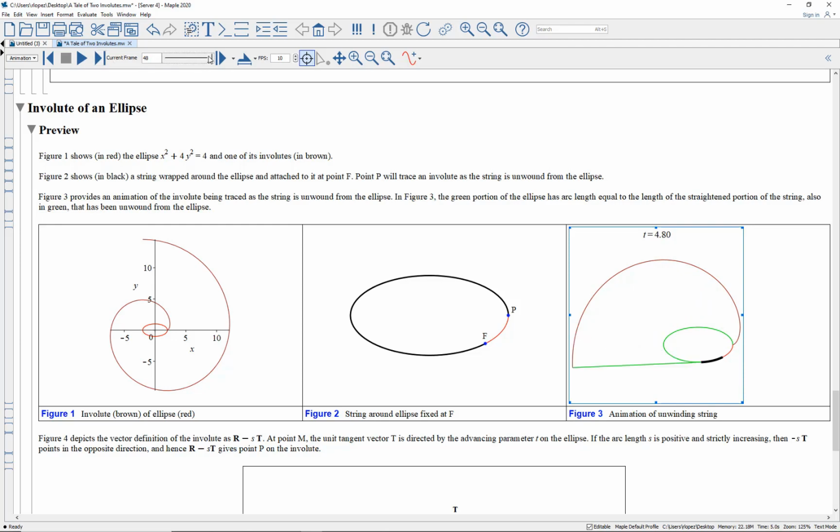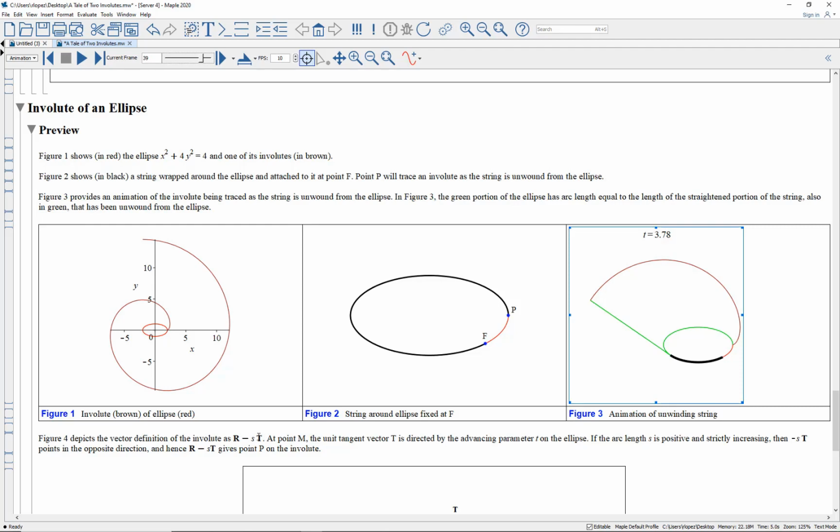And now I'll just wiggle this thing back and forth a couple of times. And you see a portion of the involute being traced by this taut string definition.